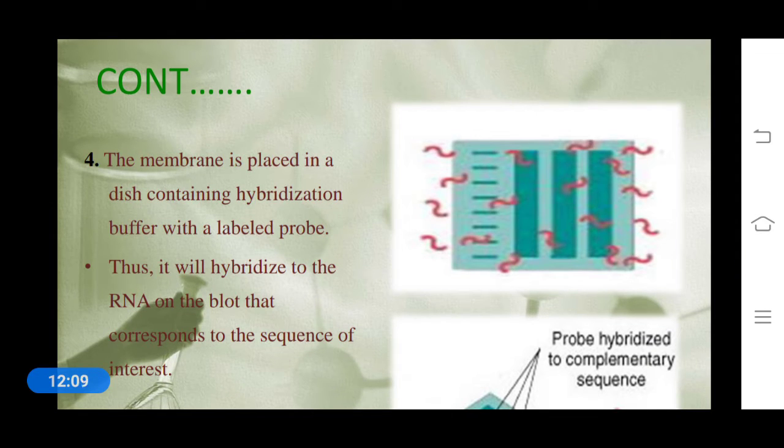using a probe. Okay, the membrane is placed in a probe buffer containing the probe, and if we leave it to incubate for a couple of hours, hybridization will occur between the probe and the suitable fragment. Then finally what will happen?